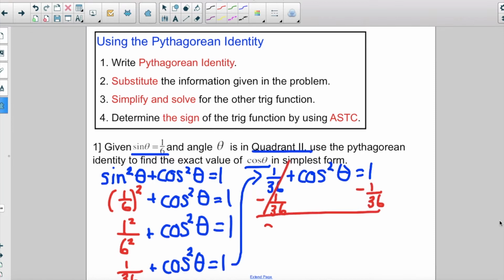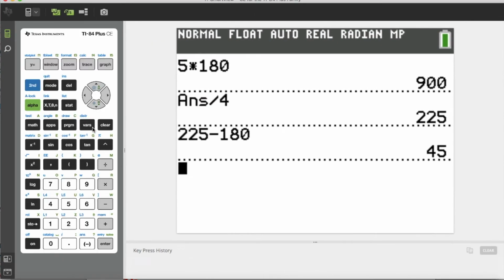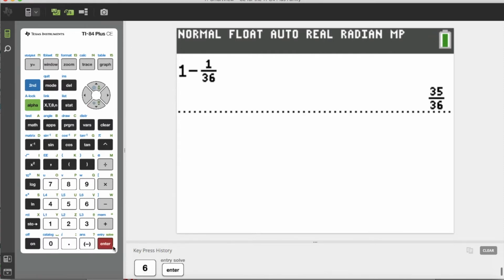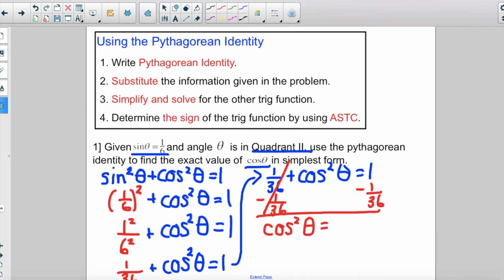When you do that, you're left with cosine squared theta is equal to, now if you need to use your calculator, you can most definitely use it. You would be typing in 1 minus 1 over 36, and we get 35 over 36. So this is equal to 35 over 36.